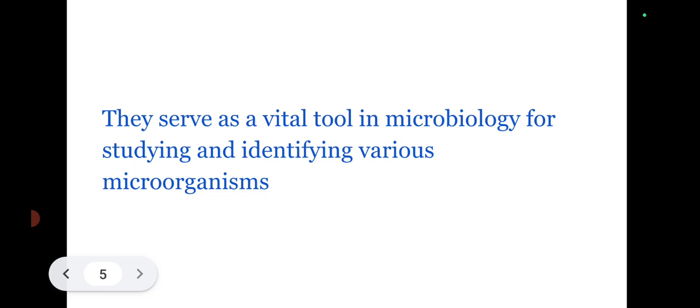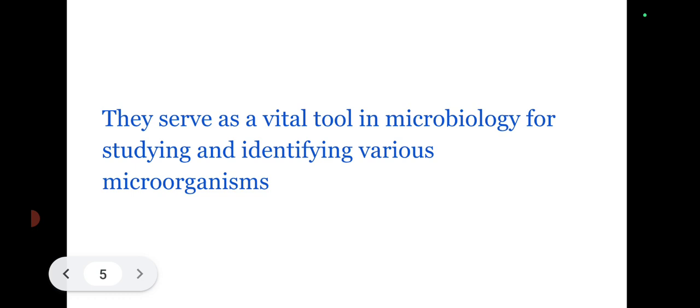There are certain media which help in identification of cultures, for example, differential medium, where you can find out some metabolic properties of the cultures. These types of media help in diagnosis and detection of different types of pathogens in microbiological pathology laboratories.